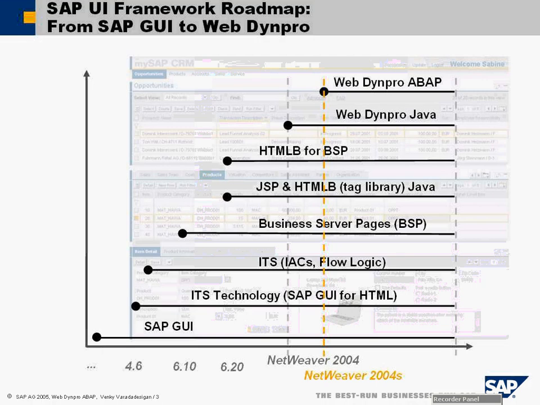The first slide that you are looking at, it depicts the UI technology in the SAP arena. In the x-axis, you have the timeline, and in the y-axis, the different technologies. So if you look at the bottommost part, which is the SAP GUI, which has been the fat client, classical fat client that is shipped with the SAP R3 since the early days.